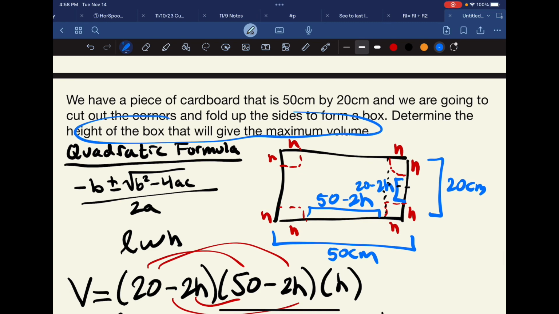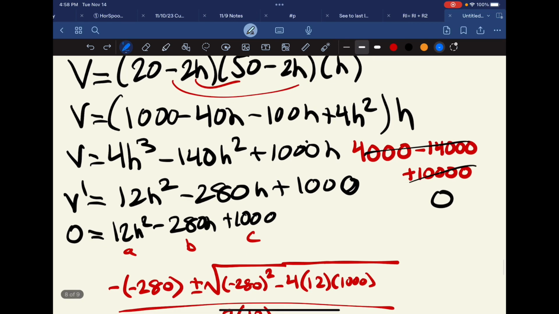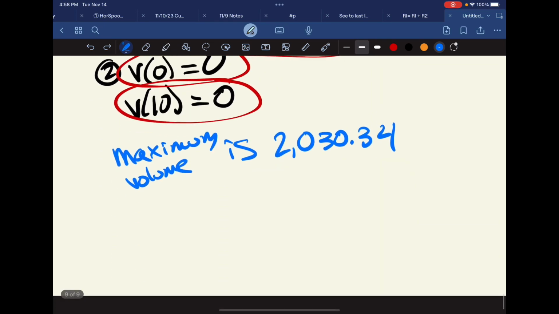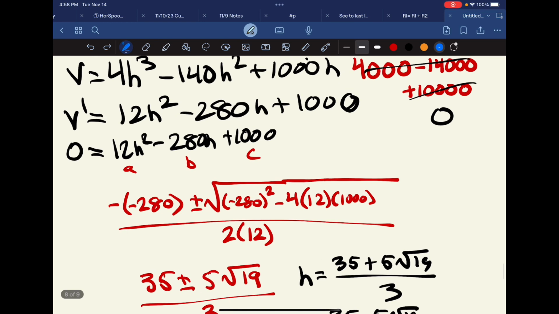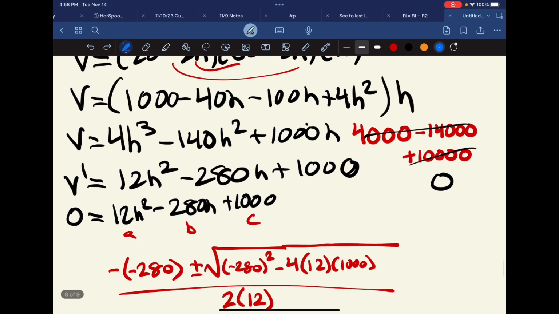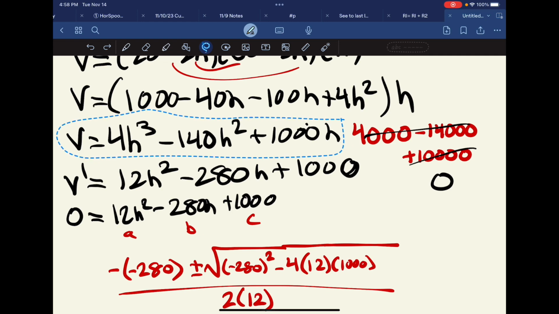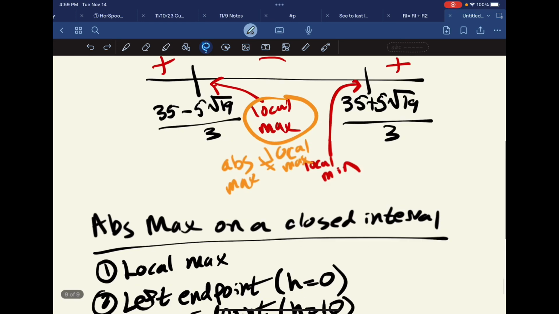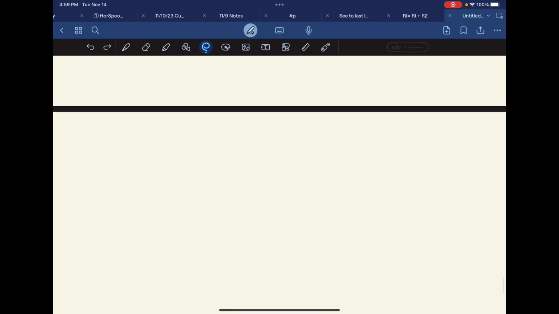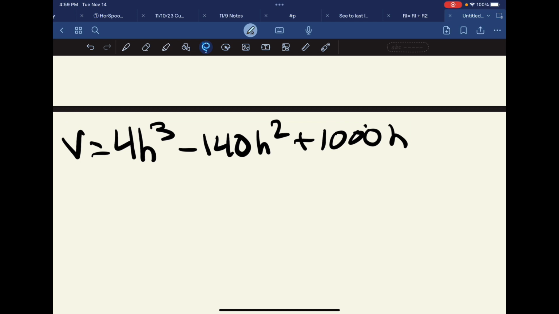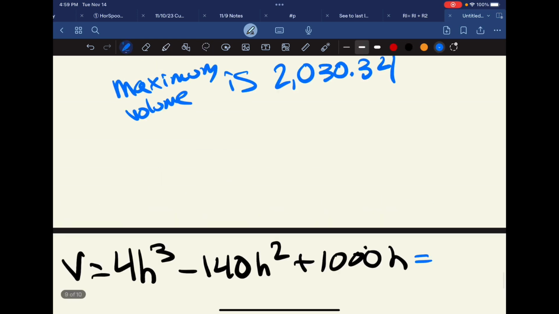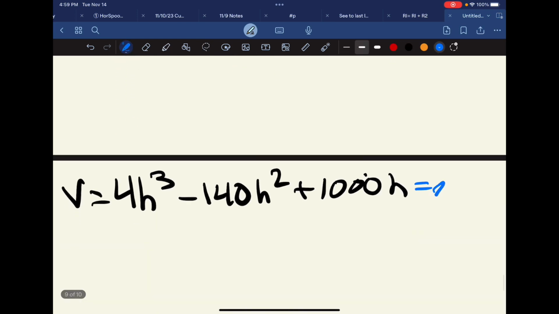Determine the height of the box that will give the maximum volume. So we have to plug it back in and find our height. In order to solve for our height, we are going to grab this and set it equal to 2030.34.